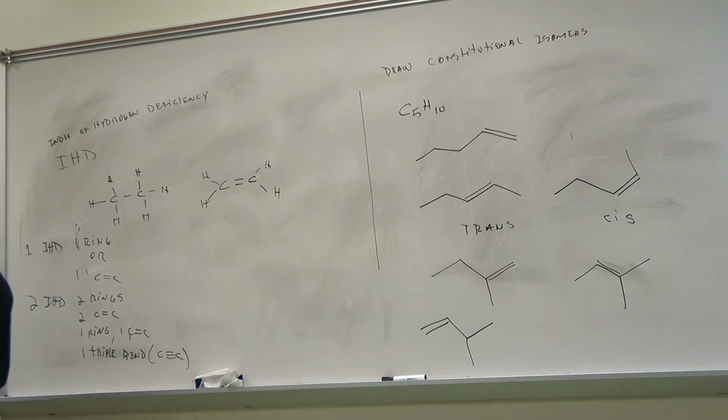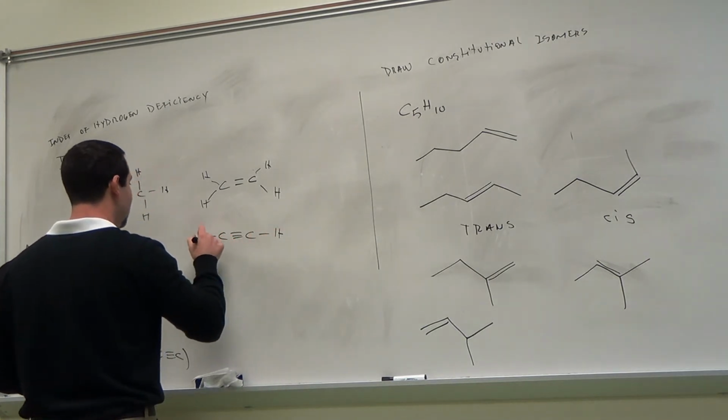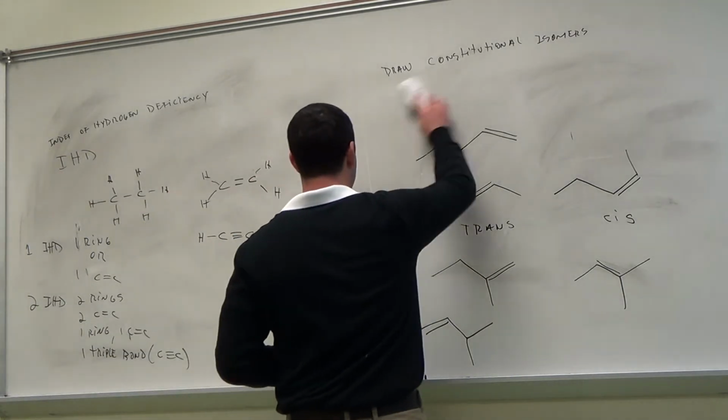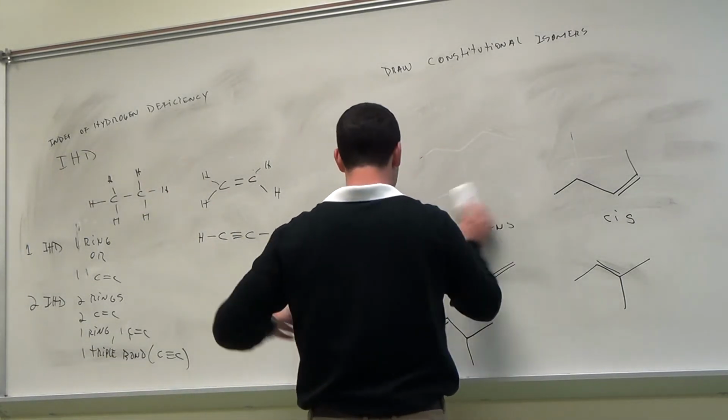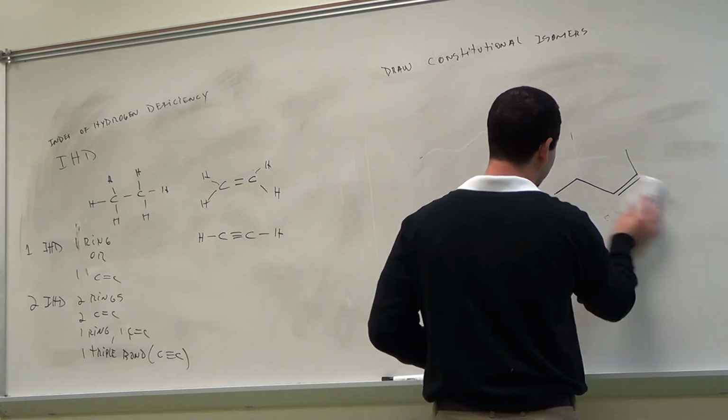But if you were to make a triple bond, you have taken off four hydrogens, which is 2 index of hydrogen deficiency. I'm going to tell you how to calculate this now. Of course, there are more combinations, which Sophia is going to talk about at some point.